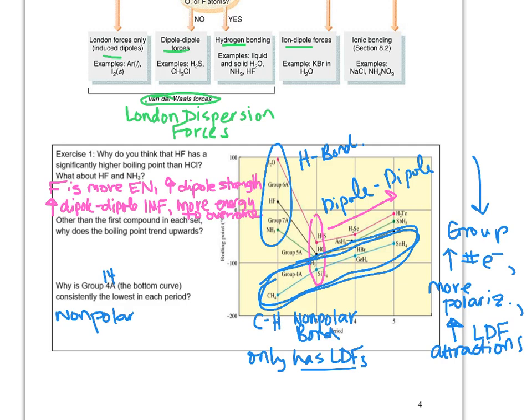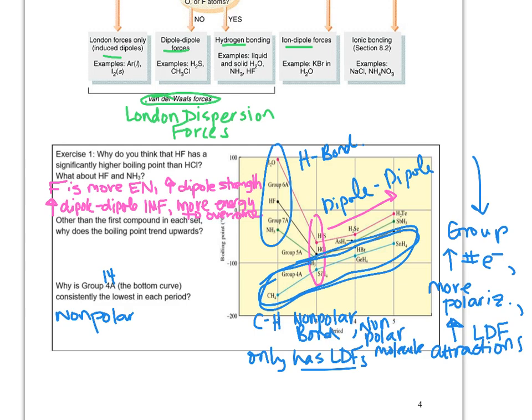And so when they're tetrahedral like that, they're always going to be nonpolar bonds, nonpolar molecules. So there's no other option. They don't have any other stronger IMFs. So they're existing only based on their London dispersion forces. So that's why we see in that whole group all the way down, they're always going to be slightly lower than the other elements in the other groups that are on the same period.